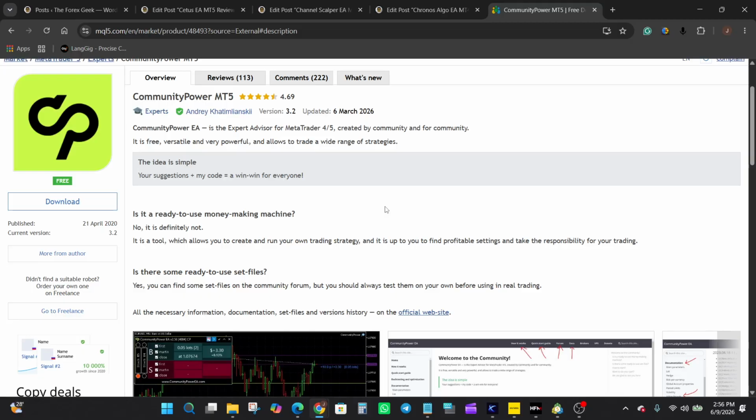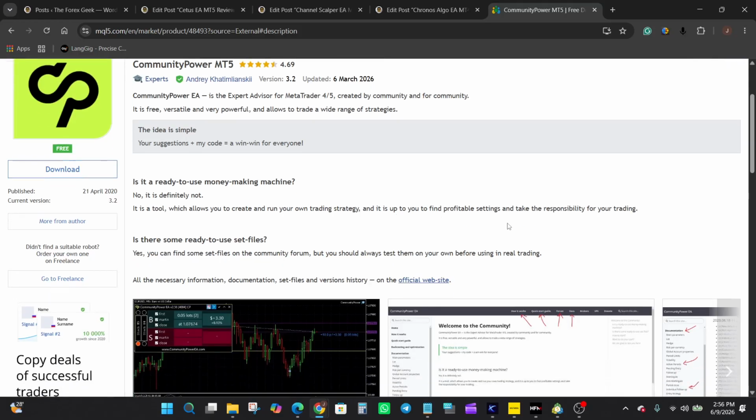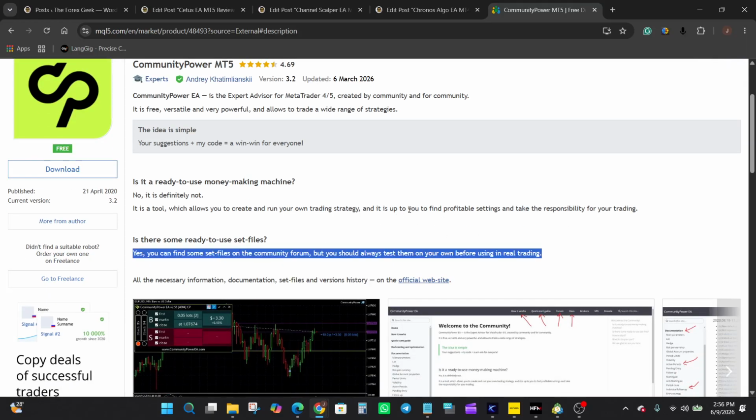This isn't something you attach and forget, it's something you actually work with and configure based on your own approach. Now, there are also mentions of community shared set files, and documentation available externally, which suggests that a lot of the value here comes from how you engage with the community resources rather than just default settings.